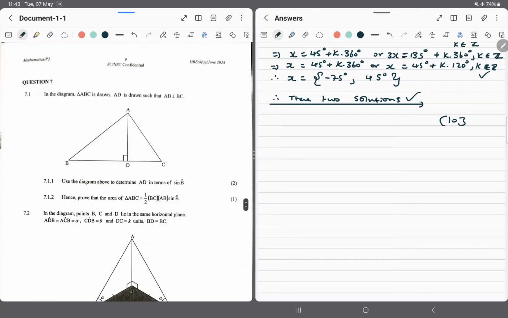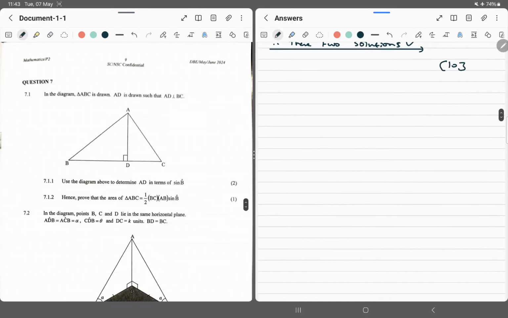Let's finish up, guys. I thought I could finish this in 30 minutes, but you know, most times I talk more than I'm supposed to do. Now, in the diagram, ABC is drawn. AD is drawn such that AD is perpendicular to BC, okay?